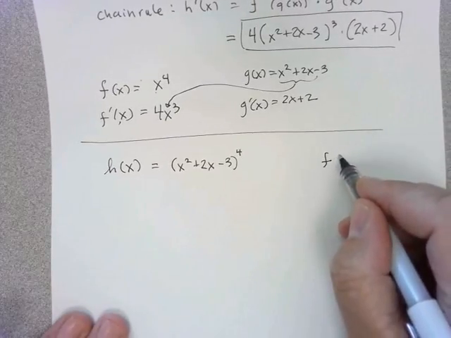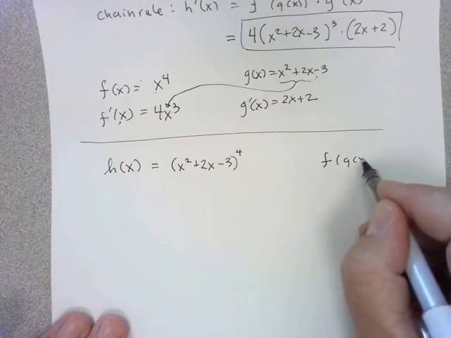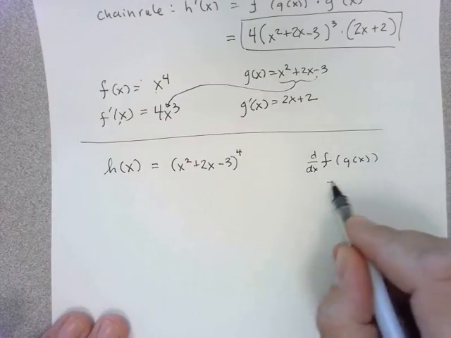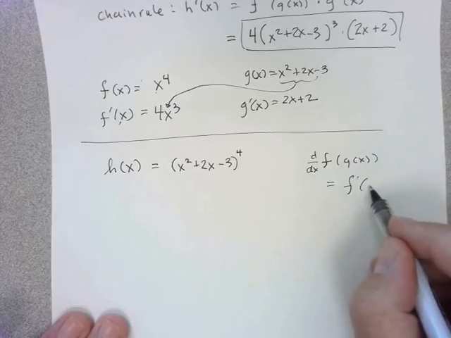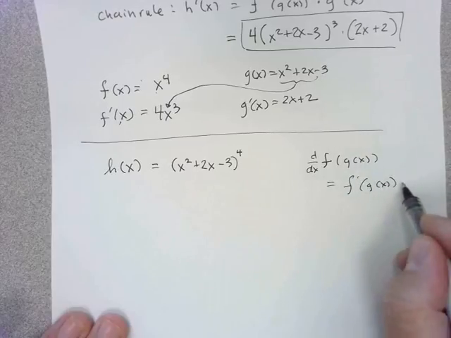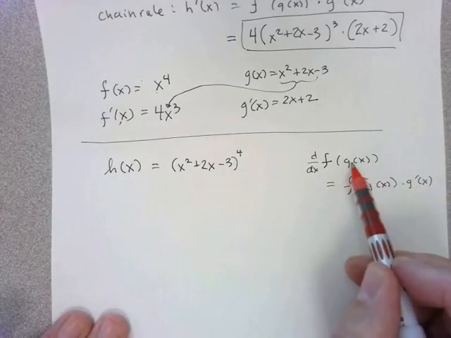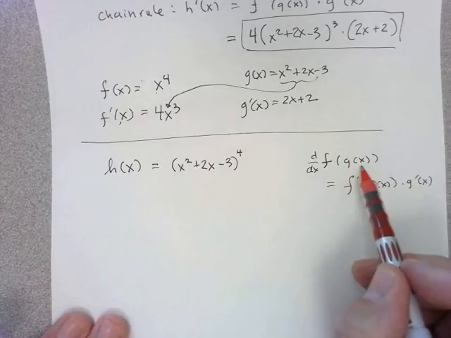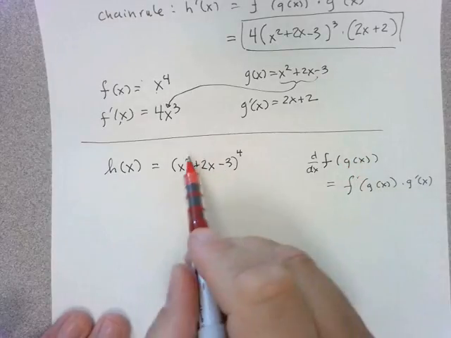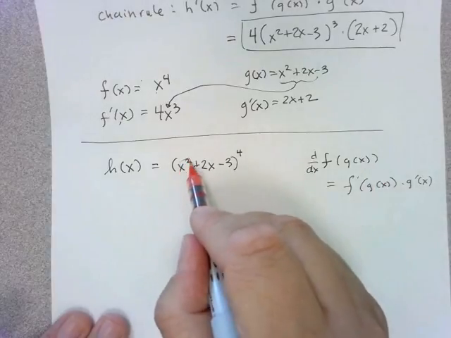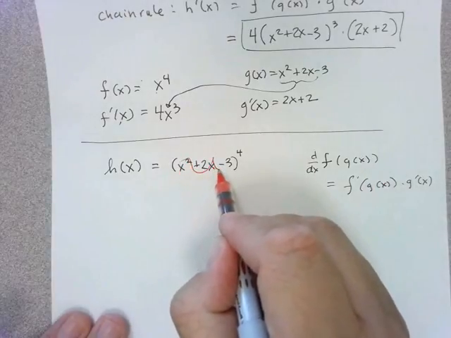The chain rule means if I want to take the derivative of f of g of x, it's f prime of g of x times g prime of x. Here's the way I want you to think about this: think of this g of x function as like a big U. So I want you to cover up the inside function with a variable. We'll just call it u.